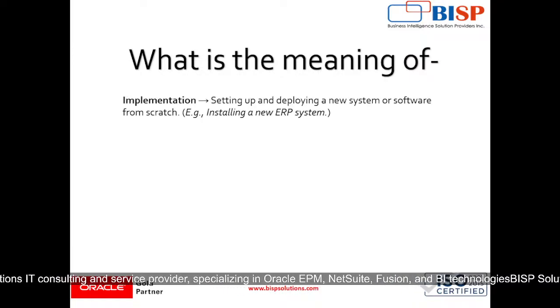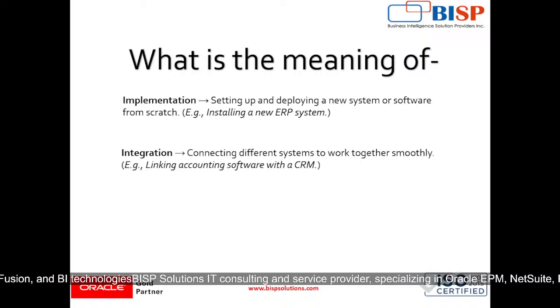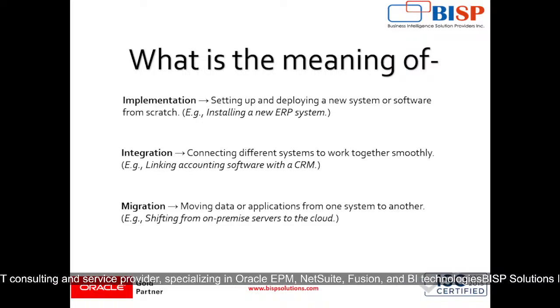So, taking the meaning of implementation, implementation is setting up and deploying a new system or software from scratch, like installing a new ERP system on our desktops or laptops or PCs. Then integration means connecting different systems to work together smoothly, like linking accounting software with a CRM.